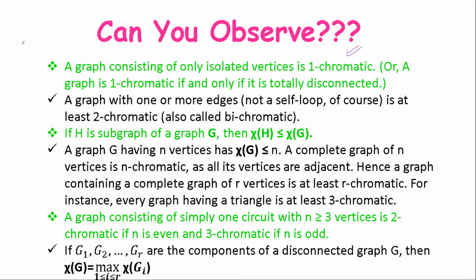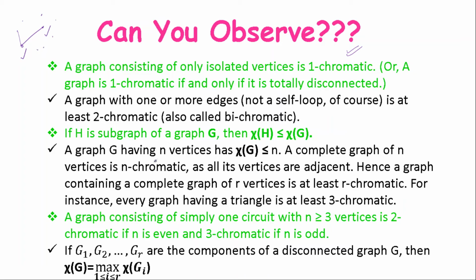If there is one edge, obviously you will need two colors: first color for this, suppose red, and for this, green. If there are more vertices and some edges, you may need two or more, but at least you will need two.